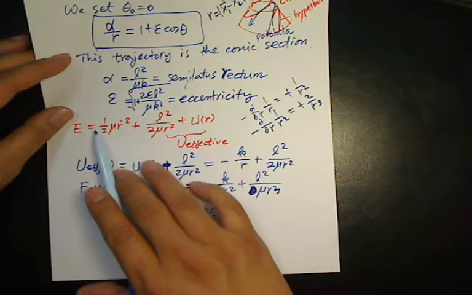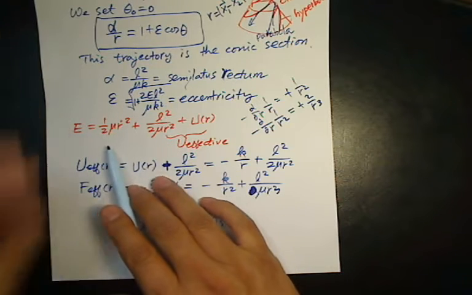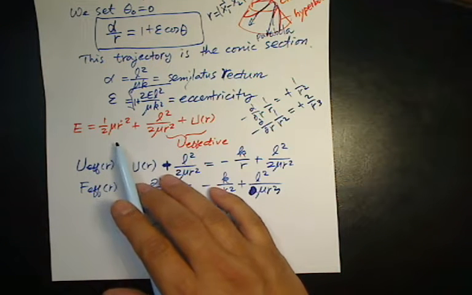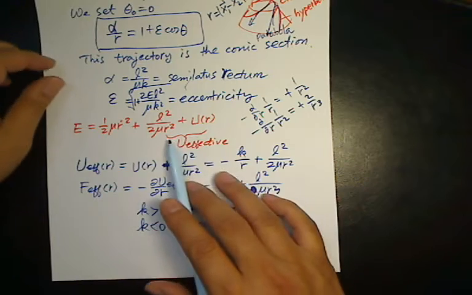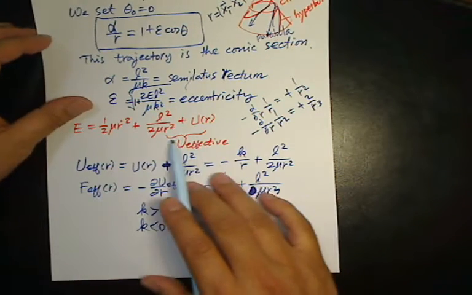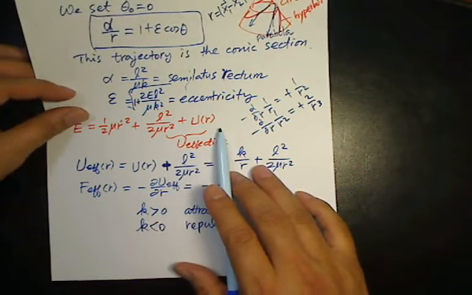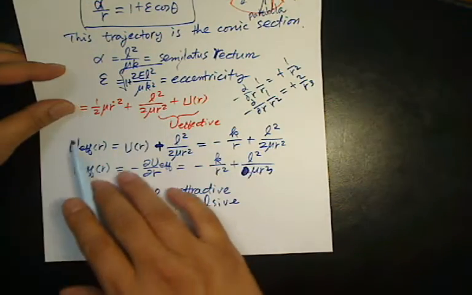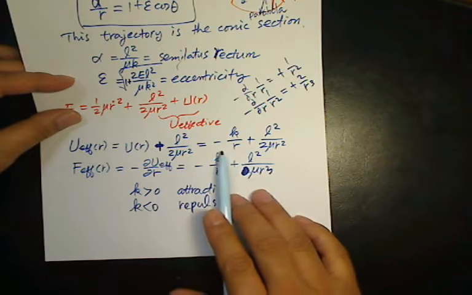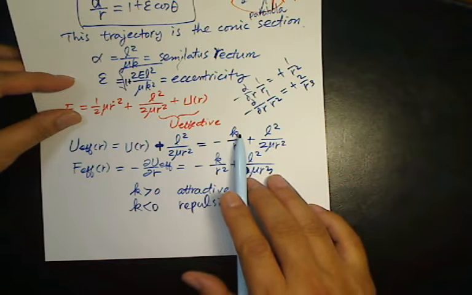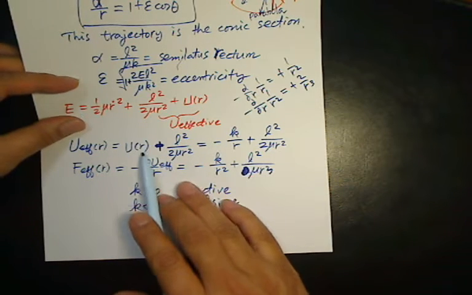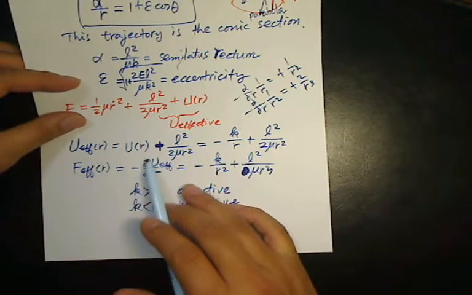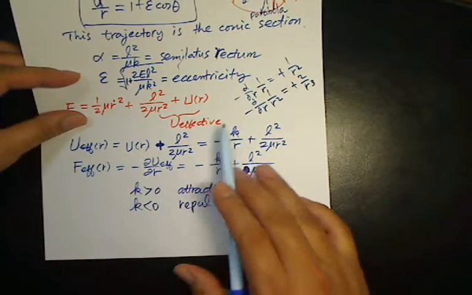In the sense of one-dimensional motion along the radial direction, these two contributions can be understood as effective potential energy. And if we consider these two as effective potential energy, it is explicitly written in this form as long as the potential energy follows the inverse square law.